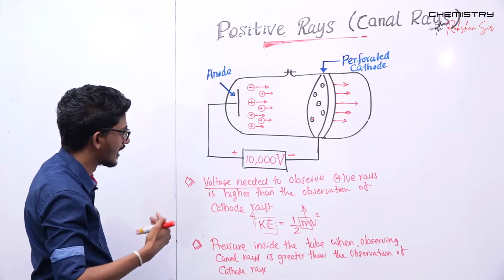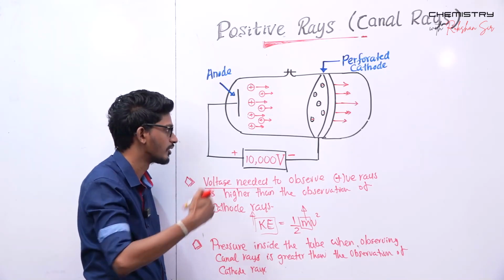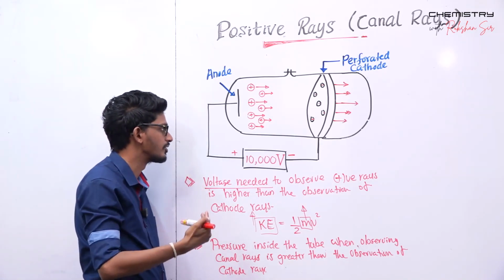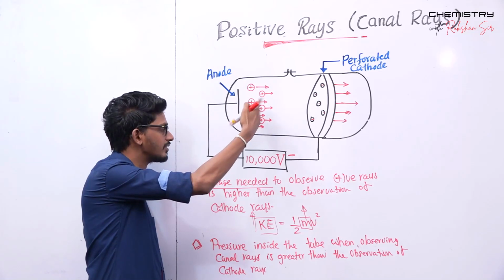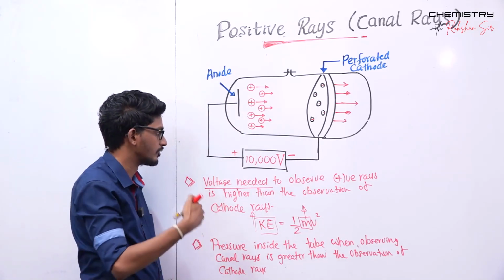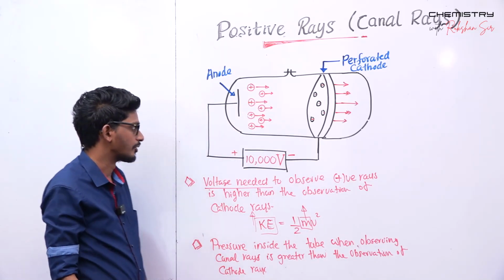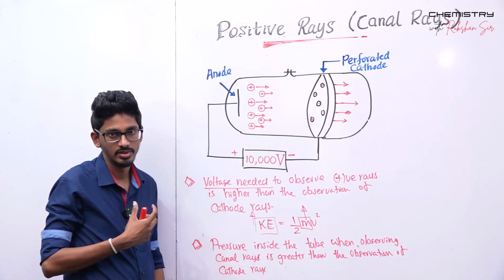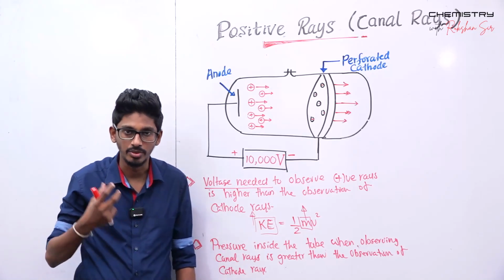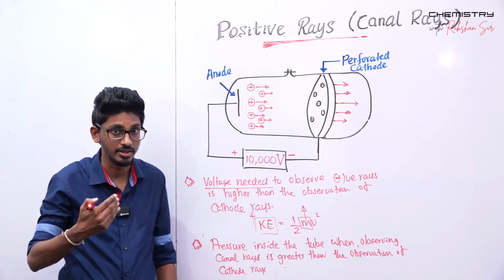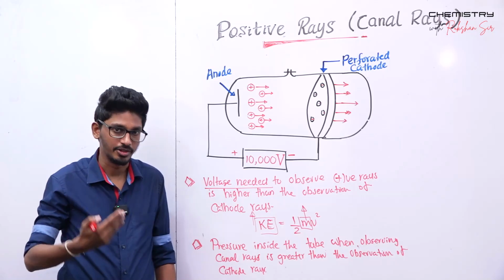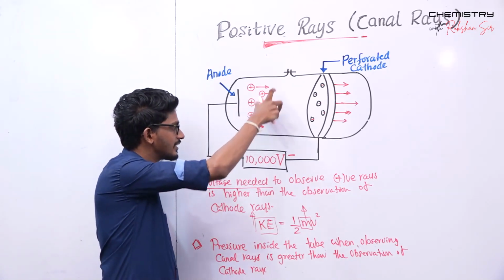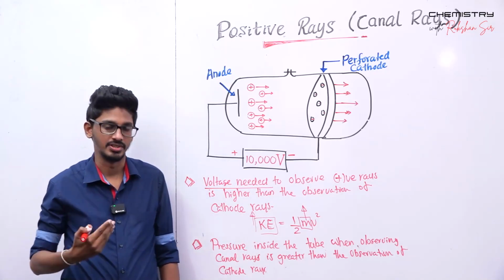So you should have a sufficient amount of gas molecules inside the tube. Without a sufficient amount of gas molecules, you won't observe the anode or the positive rays. Positive rays originate from the gas inside the tube. So more gas particles inside the tube means more pressure.